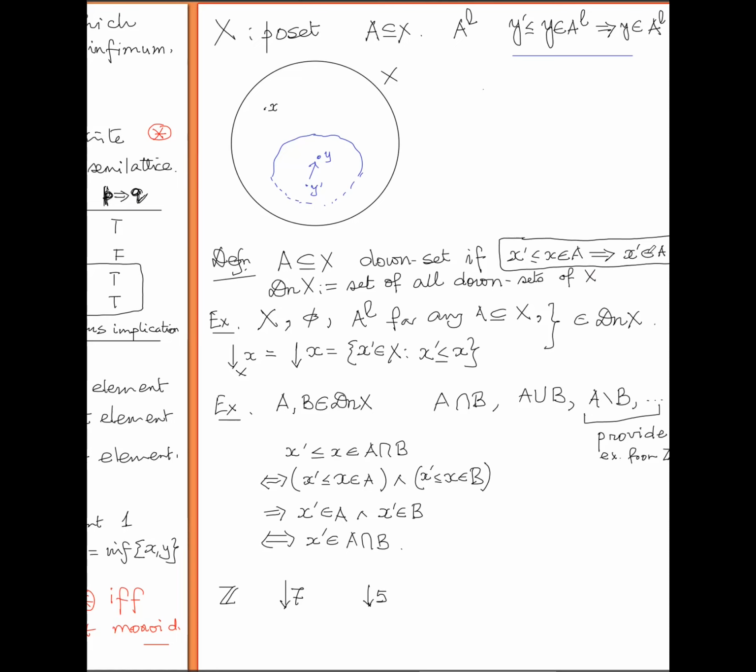So I'm telling a property of the set: whenever you have an element inside the set, anything smaller than that element is also in that set. So it's a property of that set that I'm specifying by this implication statement, right?